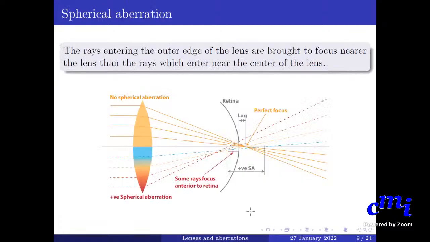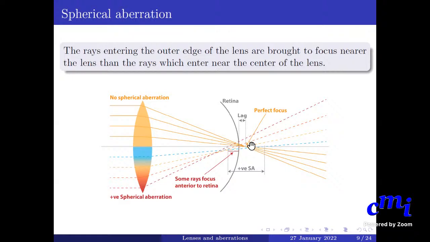The spherical aberration. Spherical aberration happens with the rays that enter at the outer edge of the lens. The ray enters a lens, which is convex on this side, so the ray converges. After converging, the lens will bring all these rays to focus at a point.